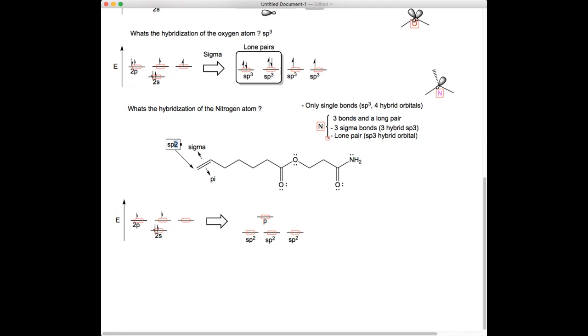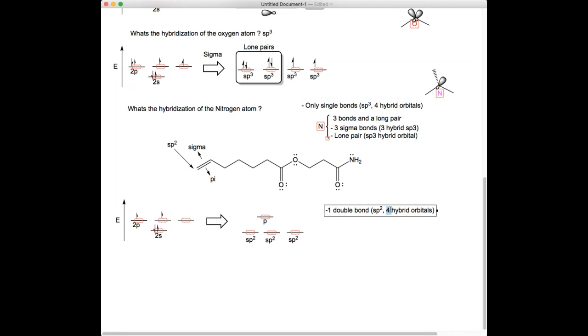Guys, before I go into the geometry, I'm going to repeat the exercise that I did before. In this case, one double bond, that's going to be sp2.